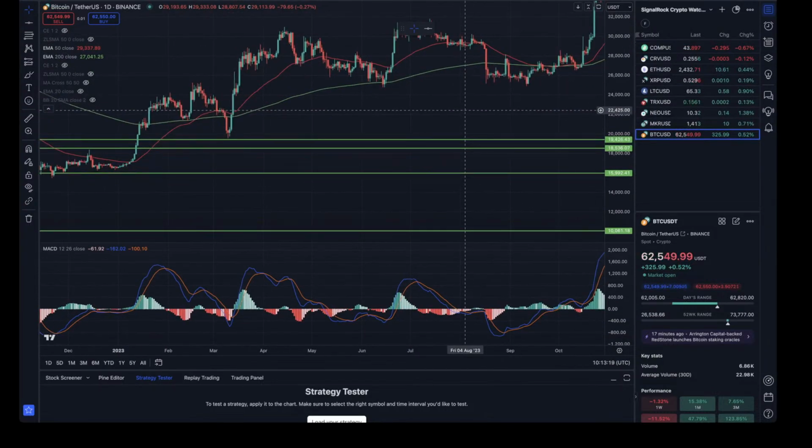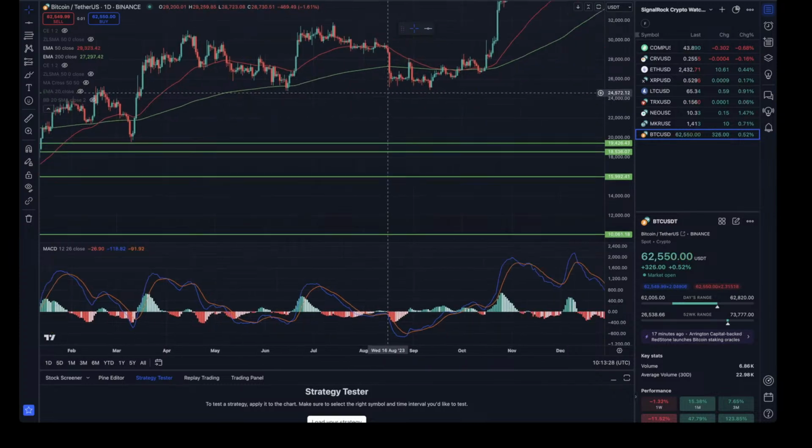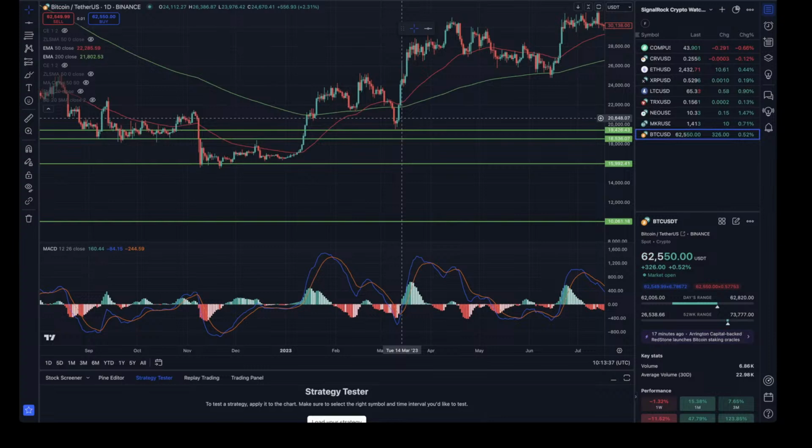Now we want to see the 50 above the 200. So here's the cross back. Yeah, it's that point there. It's called a golden cross.